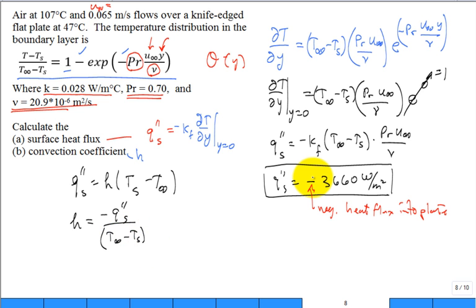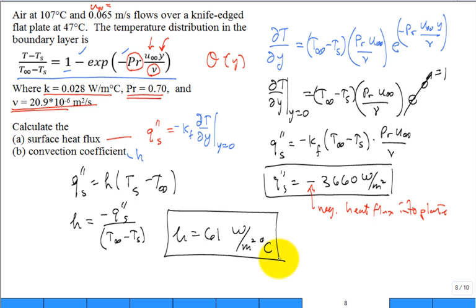So it'll get rid of that negative on the q double prime that we calculated. And you have T infinity is greater, it's 107, minus the surface, 47. And you get h of 61 watts per meter squared degree C. That's the answer to part B. That's a bad looking h, isn't it? Let's make it a little cleaner. h.